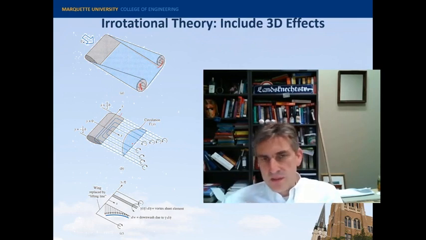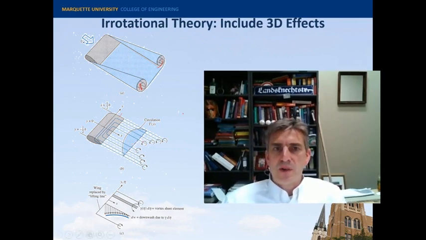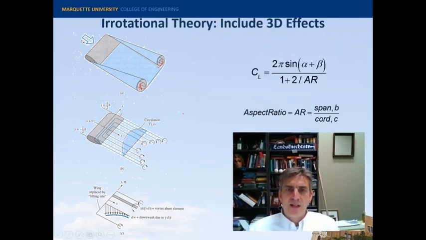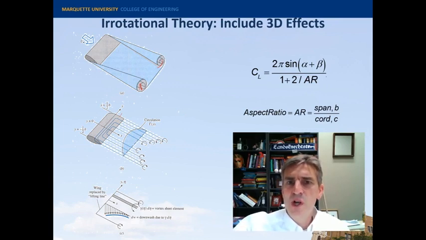So it's just a little bit more complicated mathematics here, but the bottom line is, I don't want to go through all the math. It's in Frank White's book, and we're really getting into airfoil theory here, which is a whole topic in itself. The bottom line is that you reduce the overall lift by 1 plus 2 over AR, where AR is the aspect ratio of the wing, span divided by the chord.